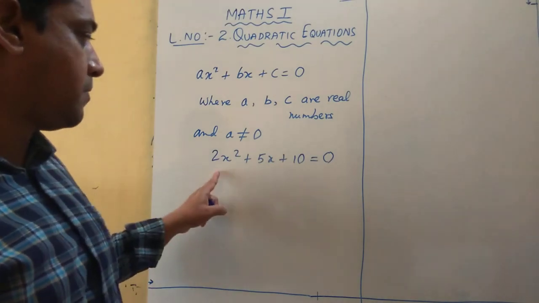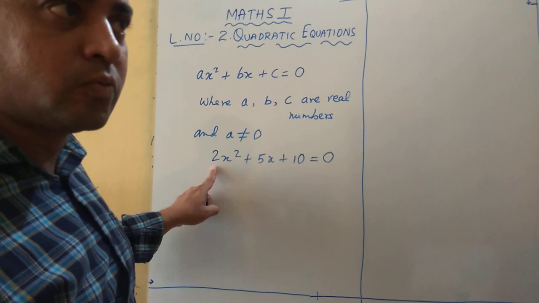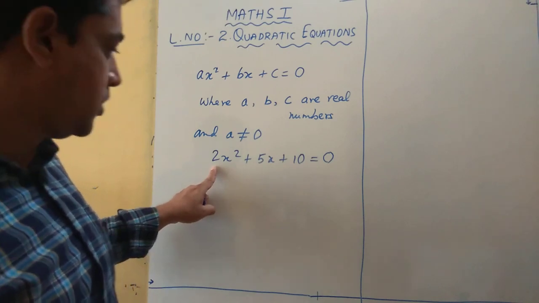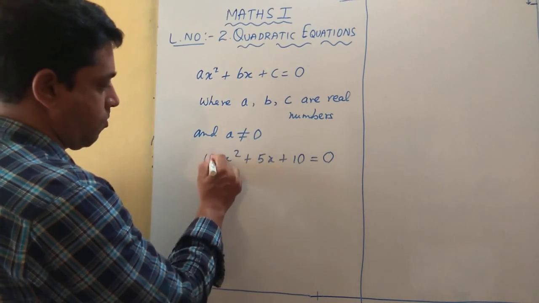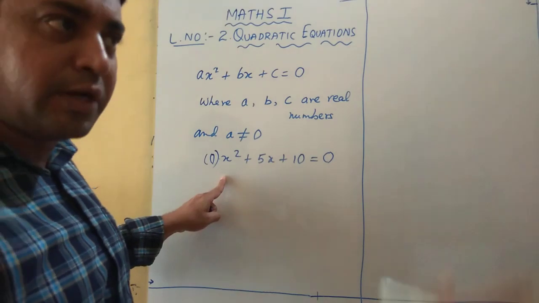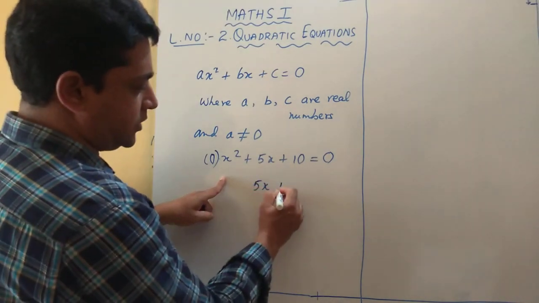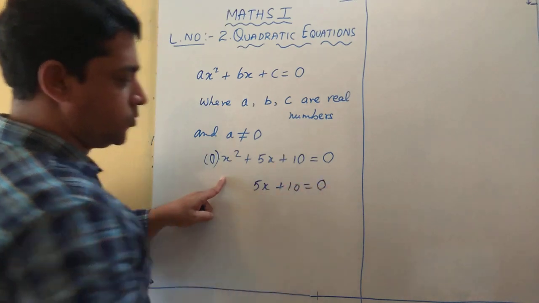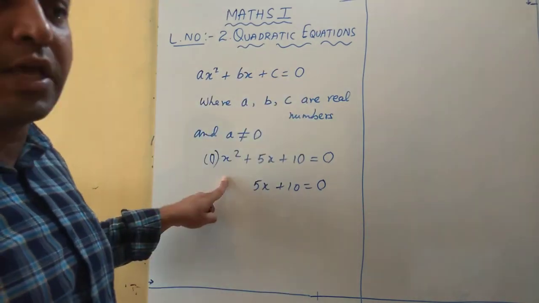Now here if I consider a as 0 instead of 2, what will happen? The first term will be eliminated, actually cancelled, and your equation will be 5x plus 10 is equal to 0. That means it will cease being a quadratic equation.